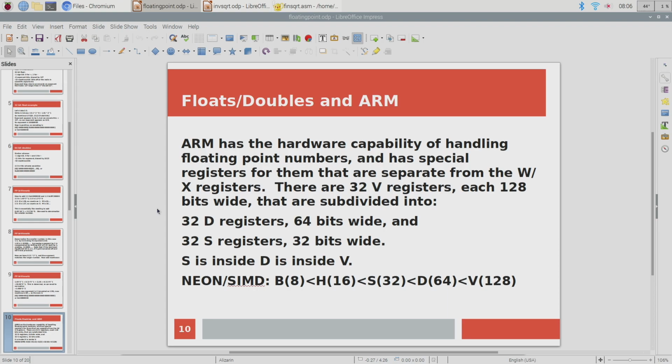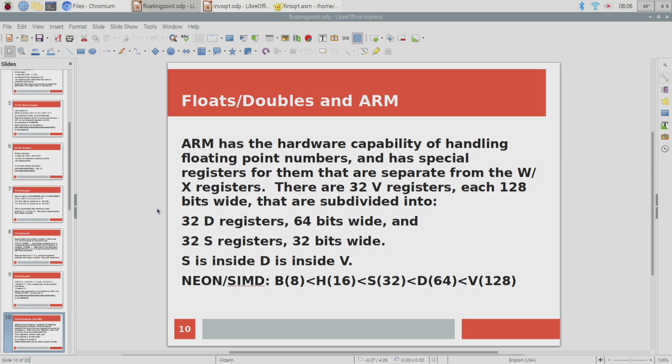The relationship they have is exactly like the W and the X. W0 and X0 are not completely separate objects. W0 is the lower half of X0. Same thing with the S and the D: S is the lower half and D is the 64-bit chunk.